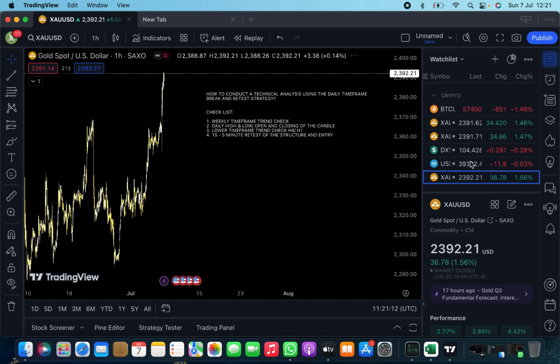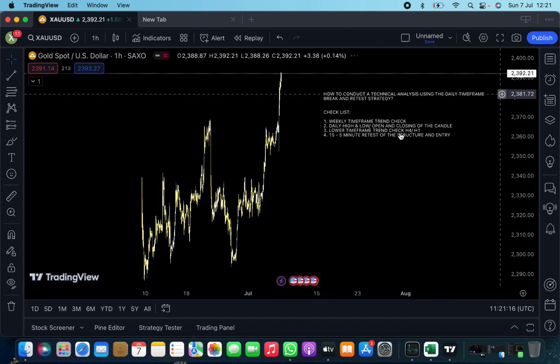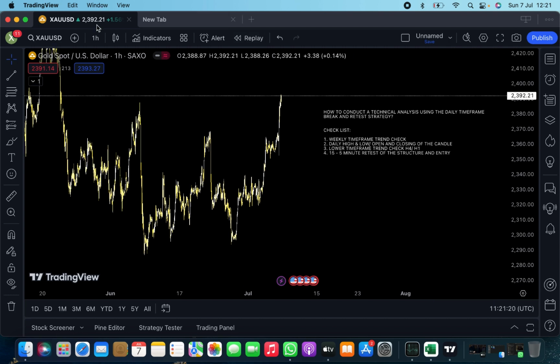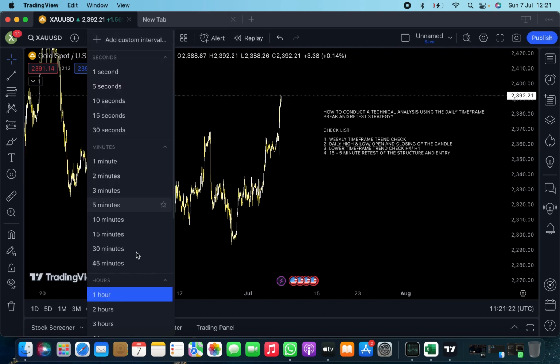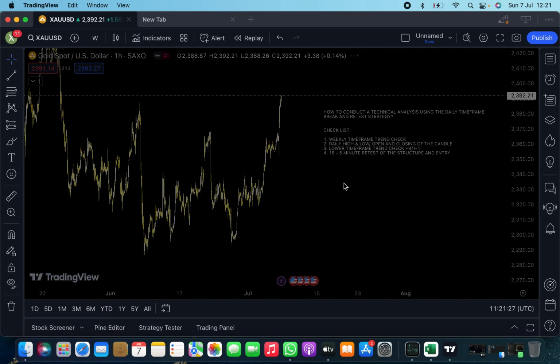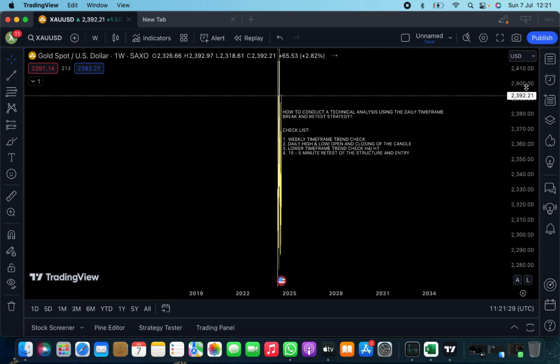So I had to open a new chart. We are on the 1 hour. Let's go to the weekly time frame and just quickly see what's going on.